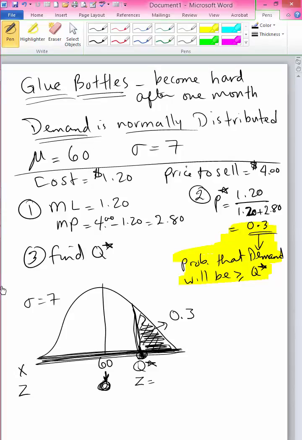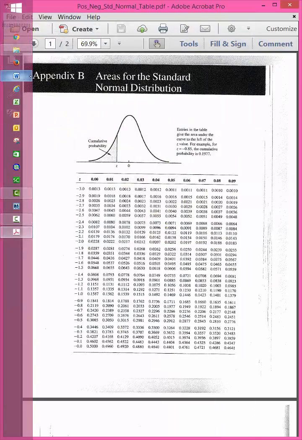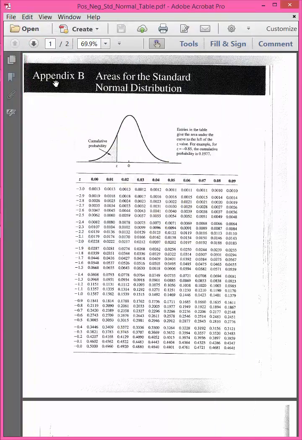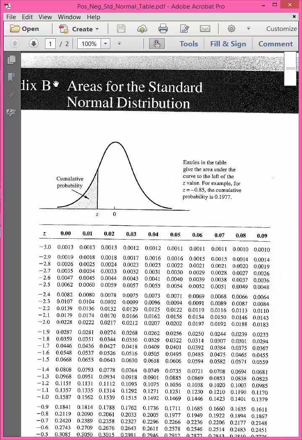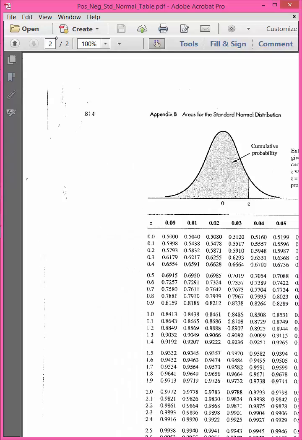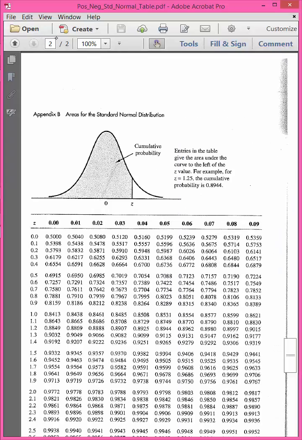So this is the negative z values, and I want positive z values.